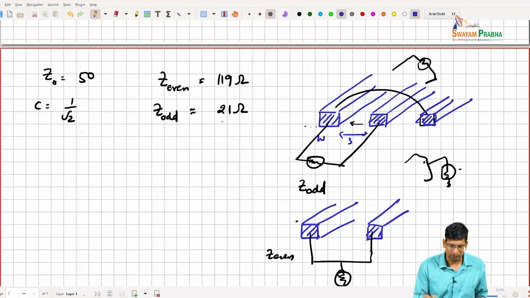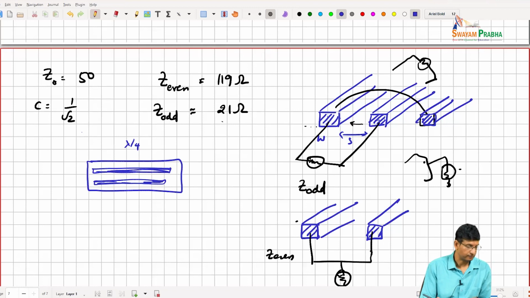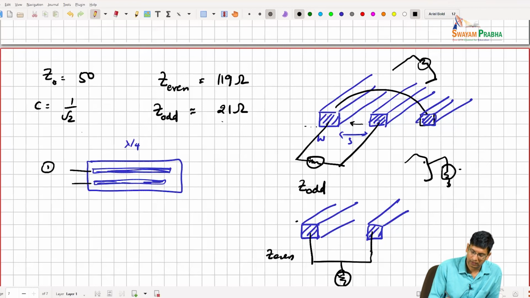So why are we doing this? Well, if we build this structure, and we make a 90-degree, lambda over 4 structure of these coupled lines, we basically see that we have built ourselves something that looks exactly like a, so if we call this port 1, this port 3, this port 2, this port 4, right?